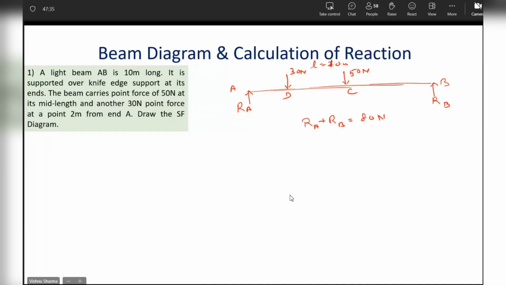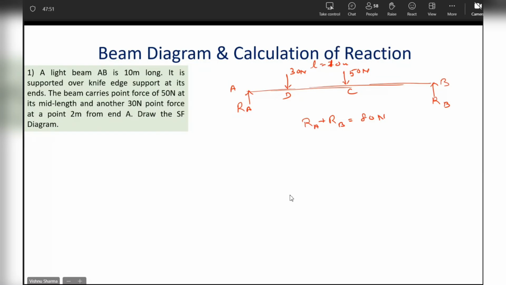Now we have to find out individual values of RA and RB, so we take moments about any one support. You can take it about A, you can take it about B in this case.